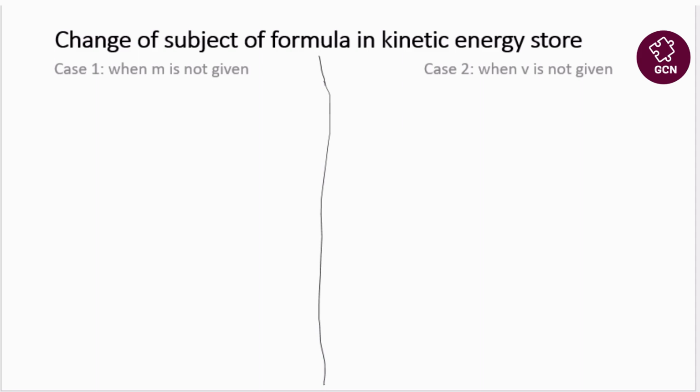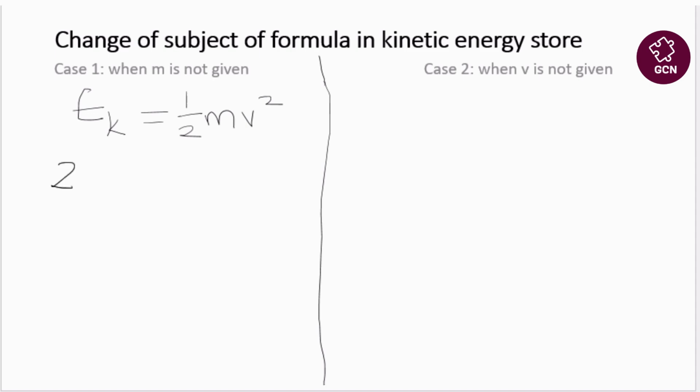So for case 1, you will be given kinetic energy and the speed. So you are not given the mass. So when mass is not given, this is the formula you use. You have E subscript K is equal to half mv squared. So we want to make m the subject of the formula.